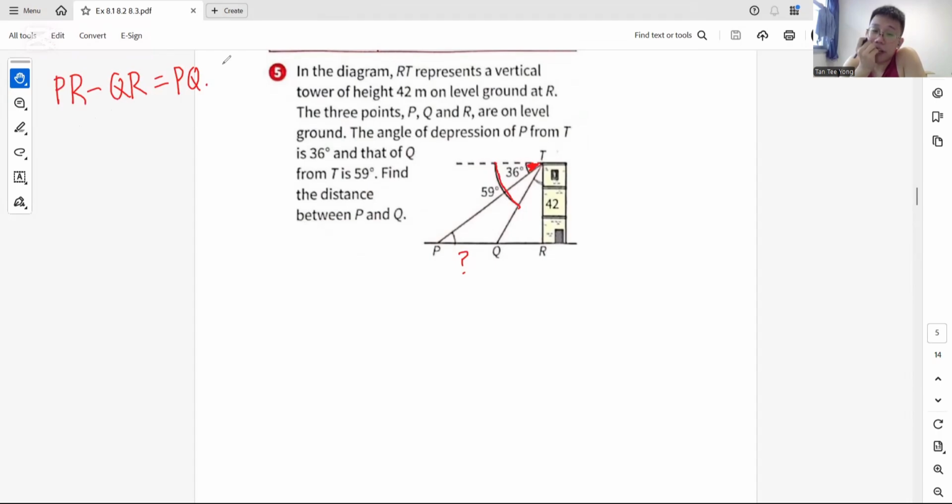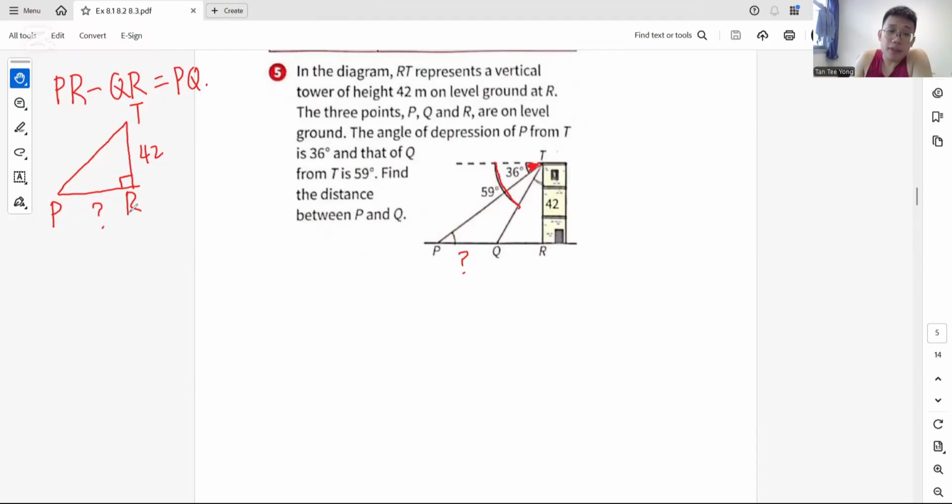If you want to find PR, you need to focus on the big triangle. So this is P, this is R, and this is T. We want to find PR, the big one. We know that TR is 42, and this is a vertical tower, so angle PRT is 90 degrees.